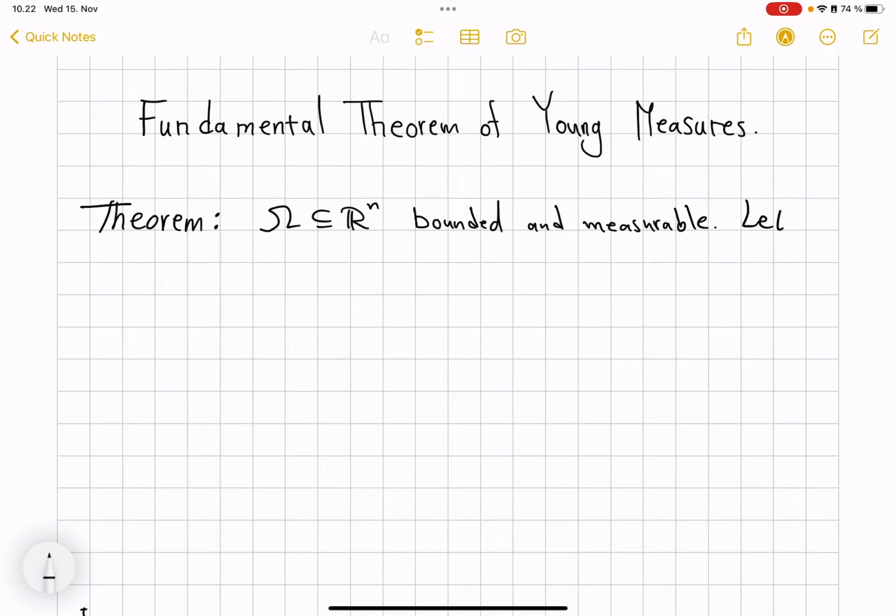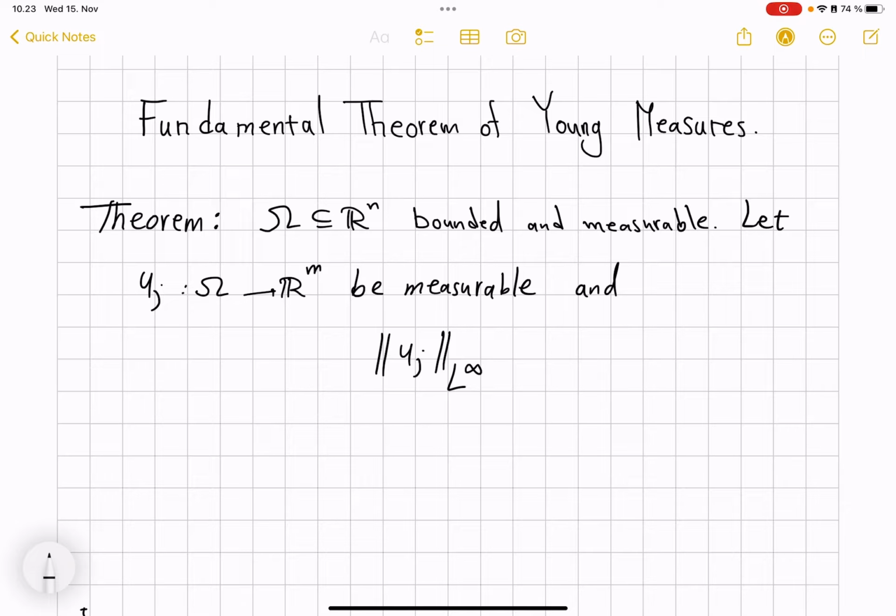Let uj from omega into R^m, m equal to 1 is already interesting, be measurable and bounded. So each one of these uj's is a bounded function.